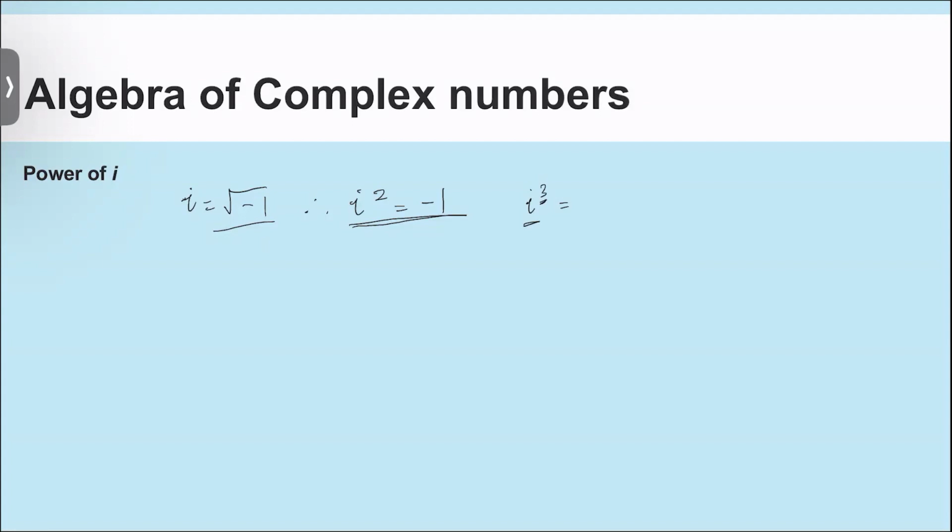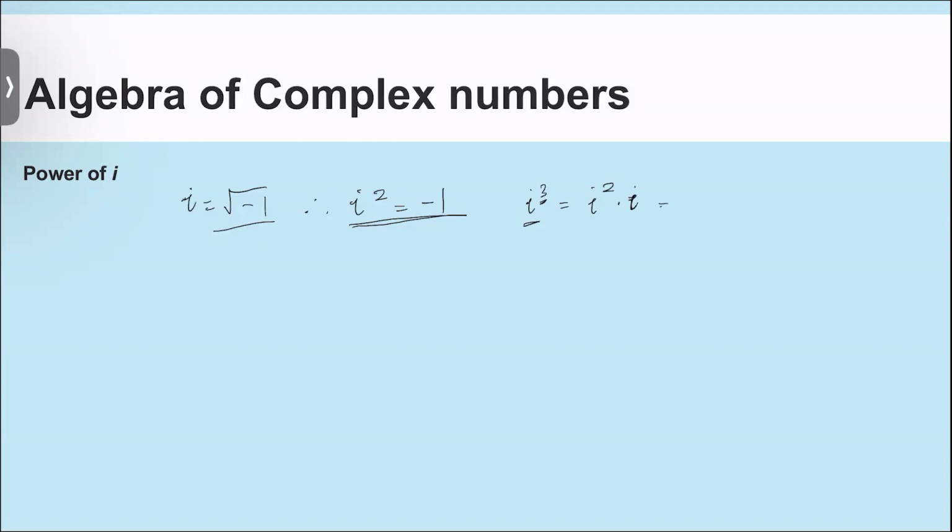It can be a positive integer, or it can be a negative integer also. First we will see how the positive integers you can simplify and find the value of. So I cube, you can write in terms of I square into I. You can simplify this in this form.